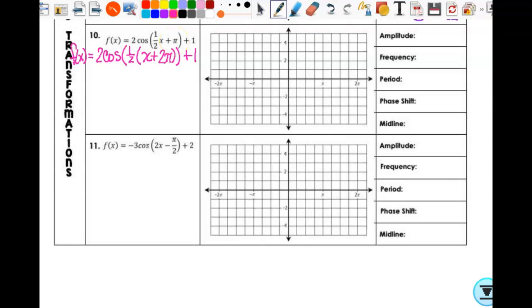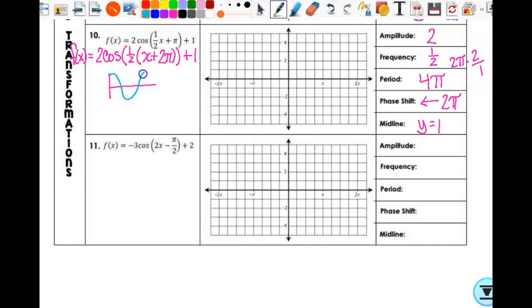All right, so what's my amplitude here? 2. Frequency? 1/2. Period? Remember, it's 2 pi divided by the frequency, which means we multiply by 2 over 1, so that makes it 4 pi. Okay. Phase shift, we go to the left, 2 pi. Midline, y equals 1.